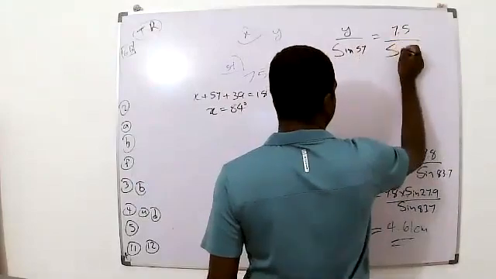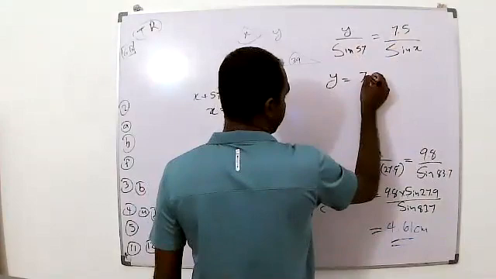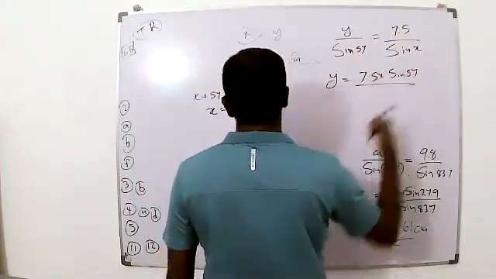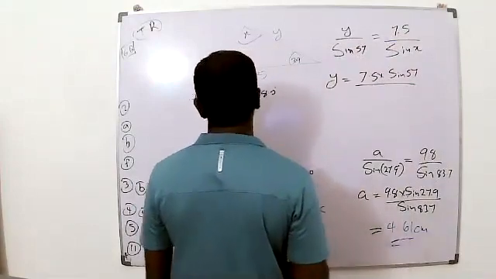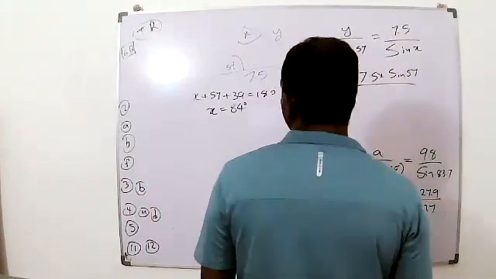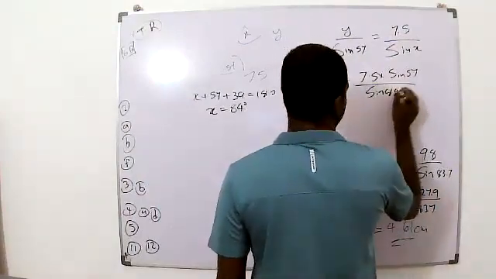So I can make y the subject here. 7.5 times sine 57 divided by sine 84.